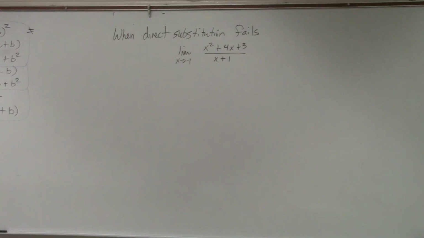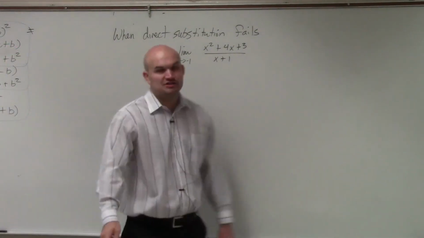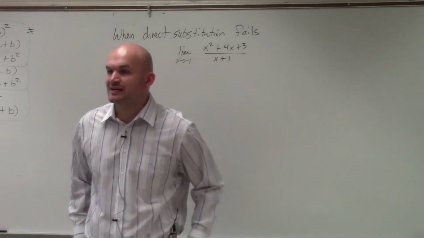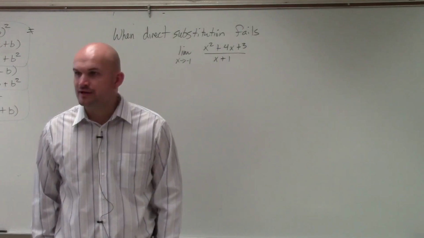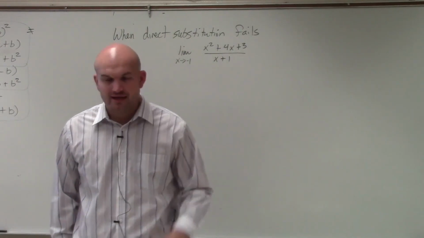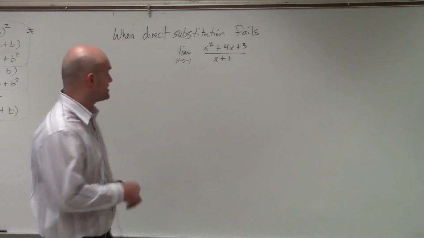Continuous. So ladies and gentlemen, if we are not allowed a graphing technology, but we need to identify the limit for this, the first and foremost, the best thing we want to do is just like what we did last class period, is look for direct substitution.